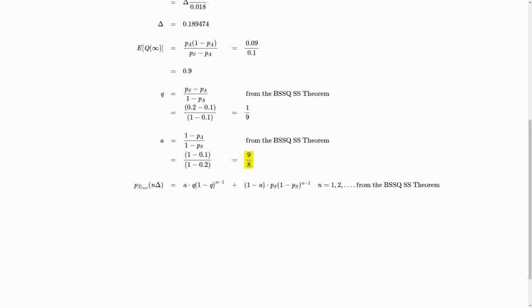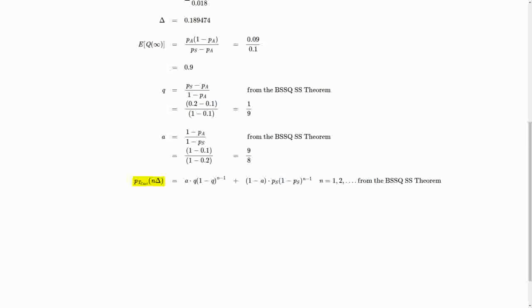And if A is 1 minus PA over 1 minus PS, which is 9 over 8, then the steady state customer time at n delta, where delta is the time frame and n runs as 1, 2, 3, 4, 5, 6, is A times Q, which we just gave, 1 minus Q to the n minus 1, plus 1 minus A PS times 1 minus PS to the n minus 1.